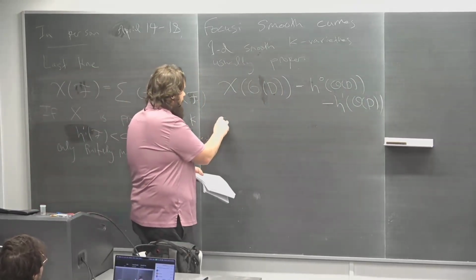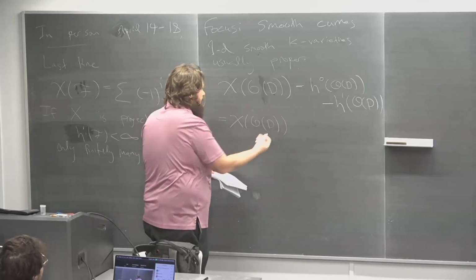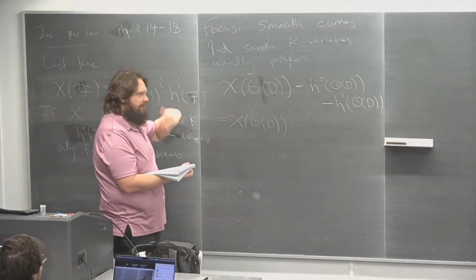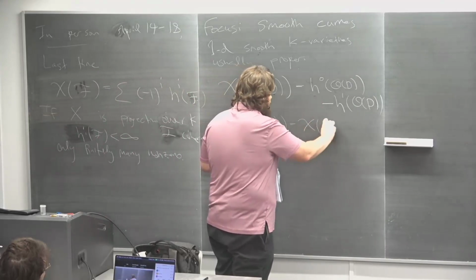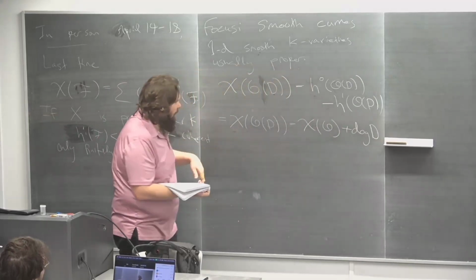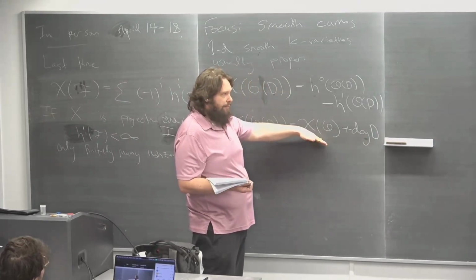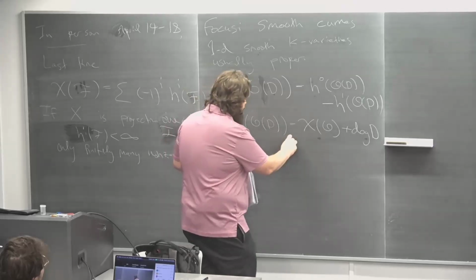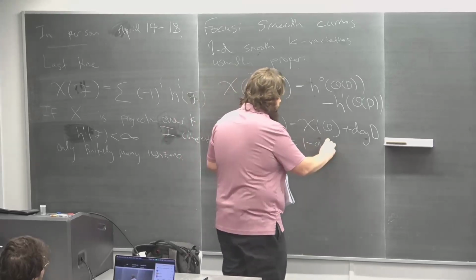And we saw at the end of class last time that when I change this divisor, I change this number by 1 when I add a point to the divisor, and I subtract 1 when I remove a point from the divisor. So this Euler characteristic is the degree of the divisor plus some invariant that's the same for all line bundles, which is chi of the structure sheaf. And by definition, this is 1 minus g.